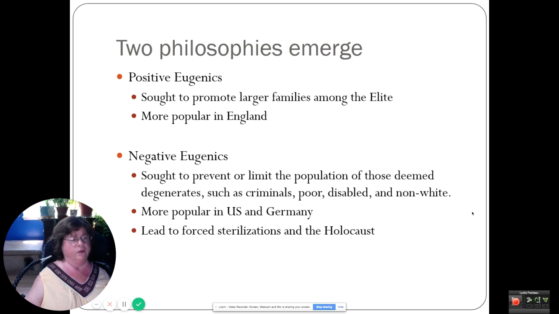But then there also became the negative eugenics, which became more popular in the US and then, of course, in Germany. These sought to prevent or limit the population of those deemed degenerates, such as criminals, poor, disabled, and non-white.